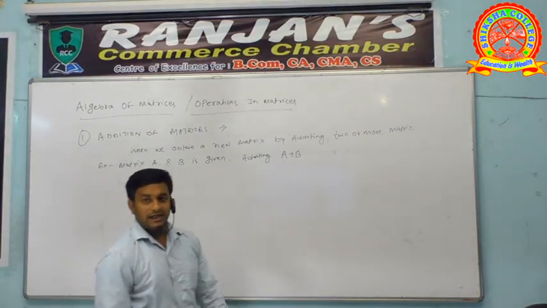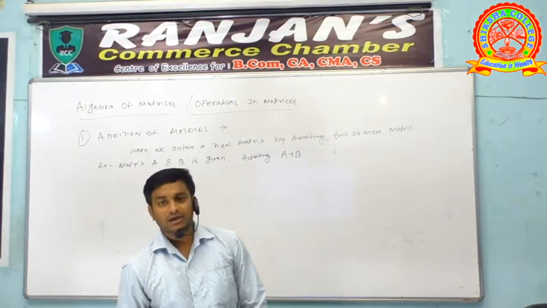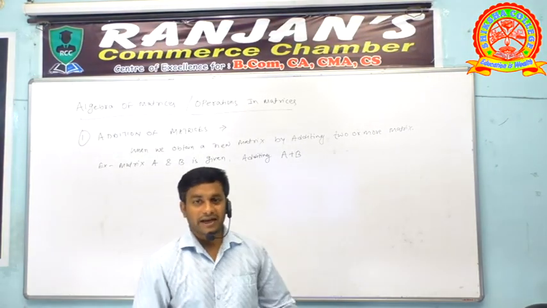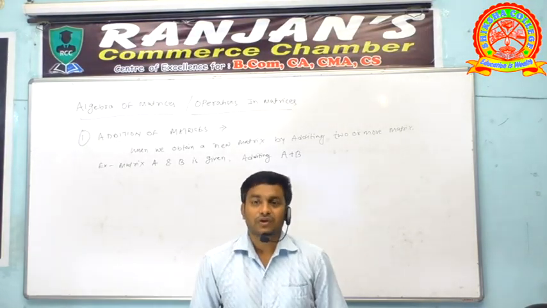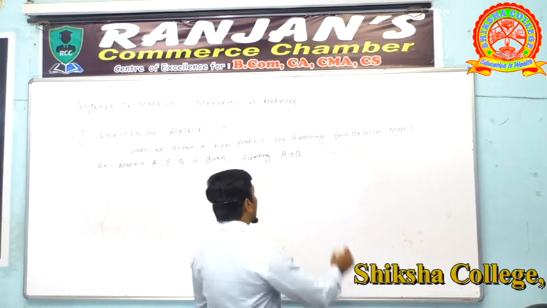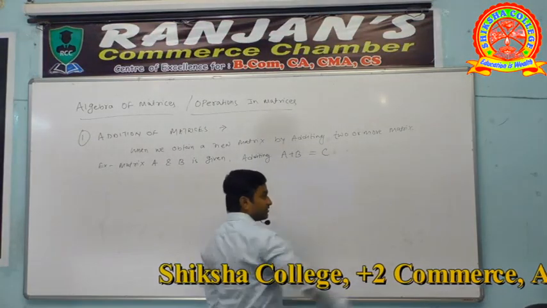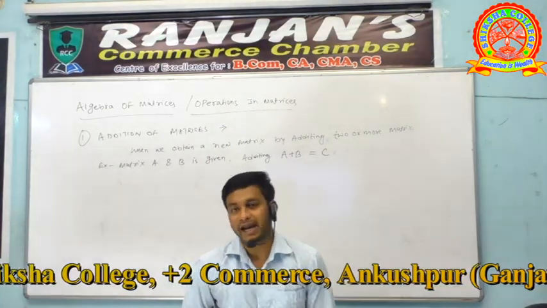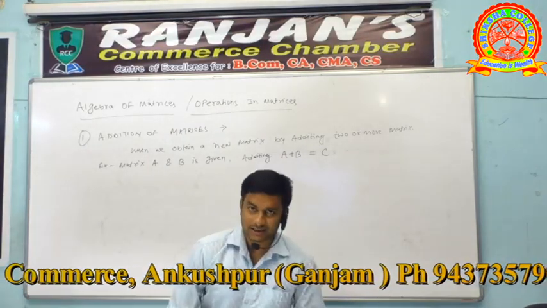As we know, the full matrix is denoted by a name, and the name is denoted by a capital letter A to Z. So here A is a given matrix and B is also a given matrix. If you want to add 2 matrices, then we do A plus B. There we derive a new matrix, maybe we call it C. C is the new matrix which is derived by adding 2 matrices. We can do it with 2 or more matrices.